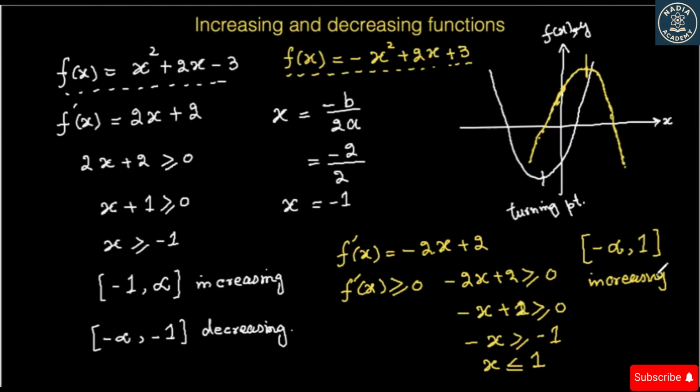Now, above this interval, which is 1 to positive infinity, we have a decreasing function. This is exactly opposite to our positive x square term or positive parabola. And here you can see our answer through the derivatives is exactly what we can see in this picture.